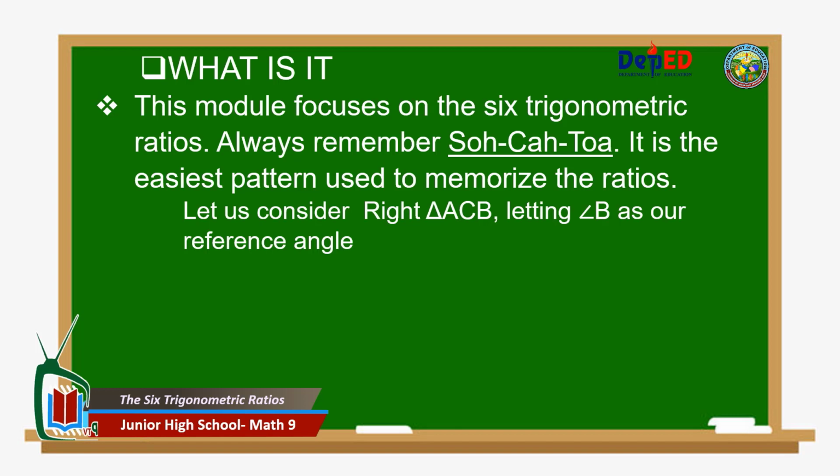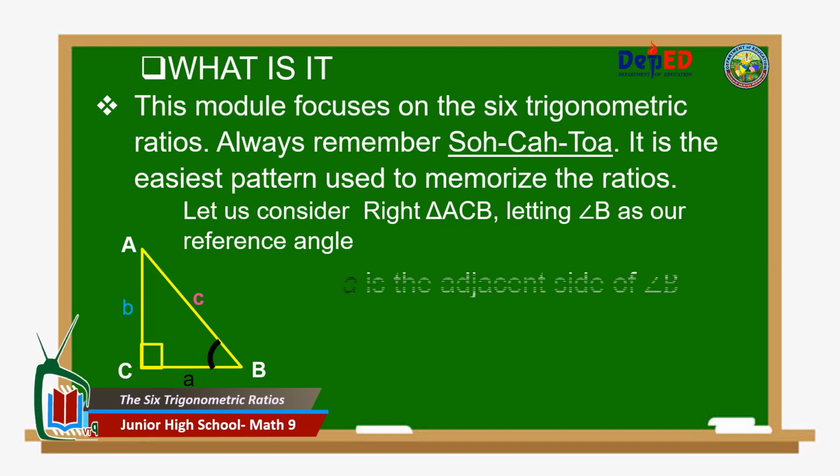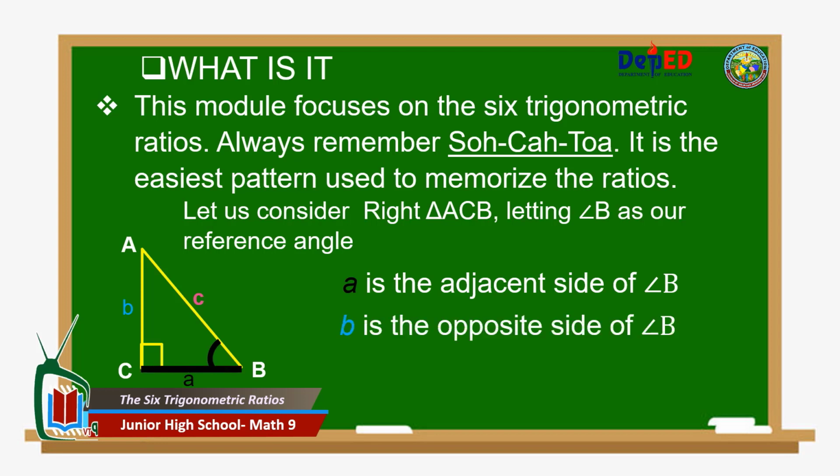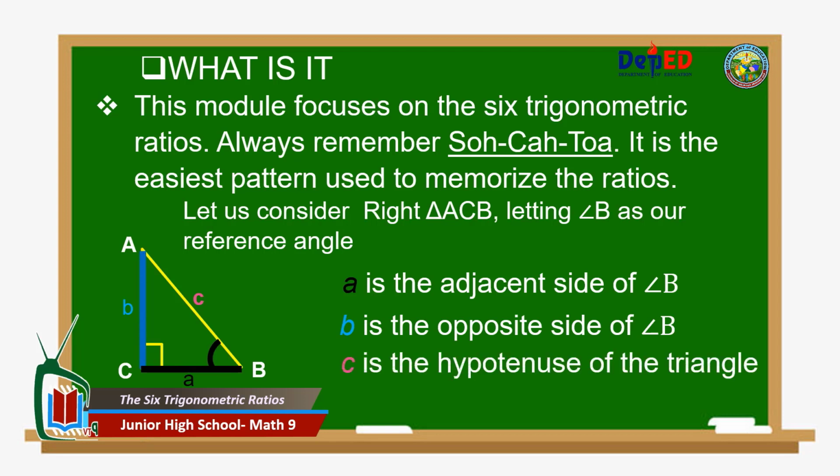Let us consider right triangle ACB, letting angle B as our reference angle. A is the adjacent side of angle B. B is the opposite side of angle B, and C is the hypotenuse of the right triangle.